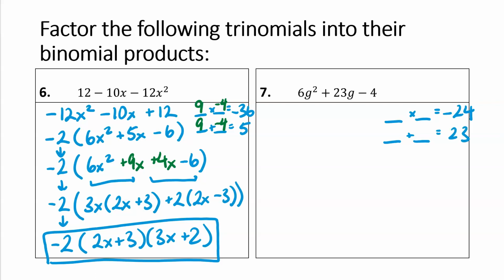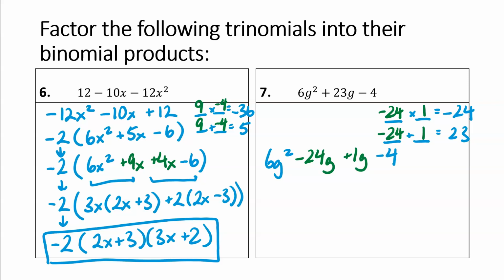Two numbers that'll work would be negative 24 and 1. And what do we do with those two numbers? We use them to rewrite the middle term. So we'll have our 6g squared minus 24g plus 1g minus 4.